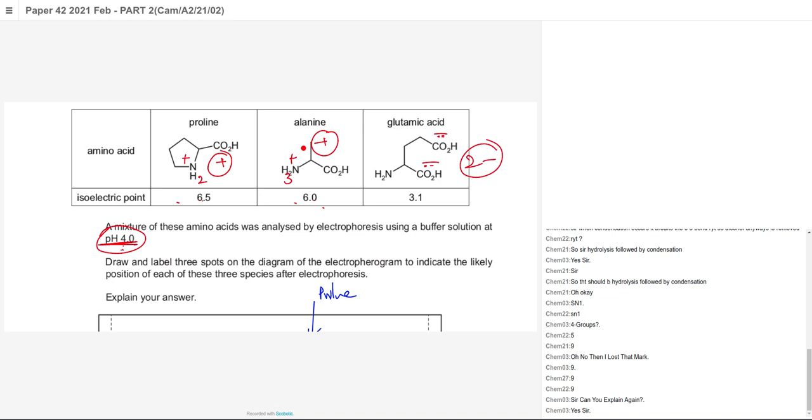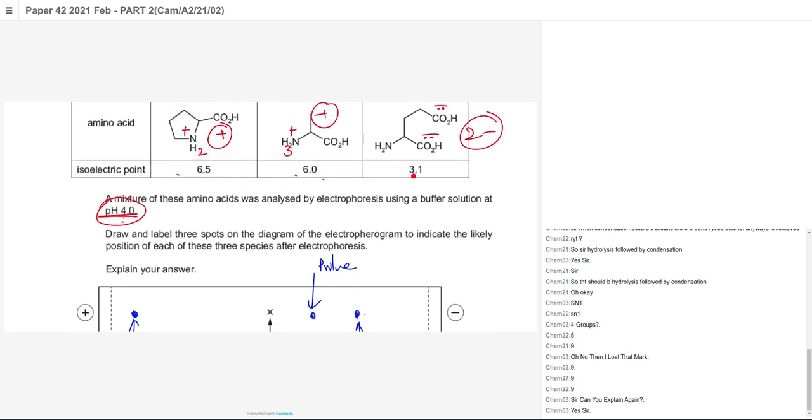Whereas both proline and alanine will travel towards the negative terminal.